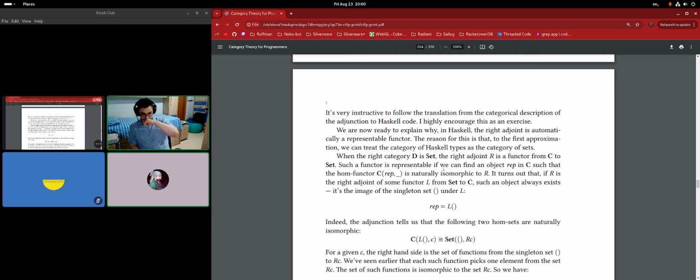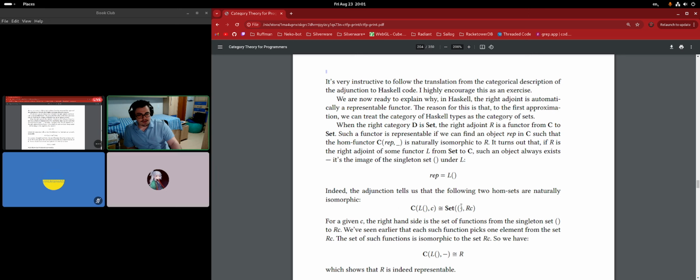If we can find an object rep in C such that the home functor is naturally isomorphic to R. It turns out that if R is the right adjoint of some functor L from set to C, such an object always exists. It's the image of the singleton set unit under L.